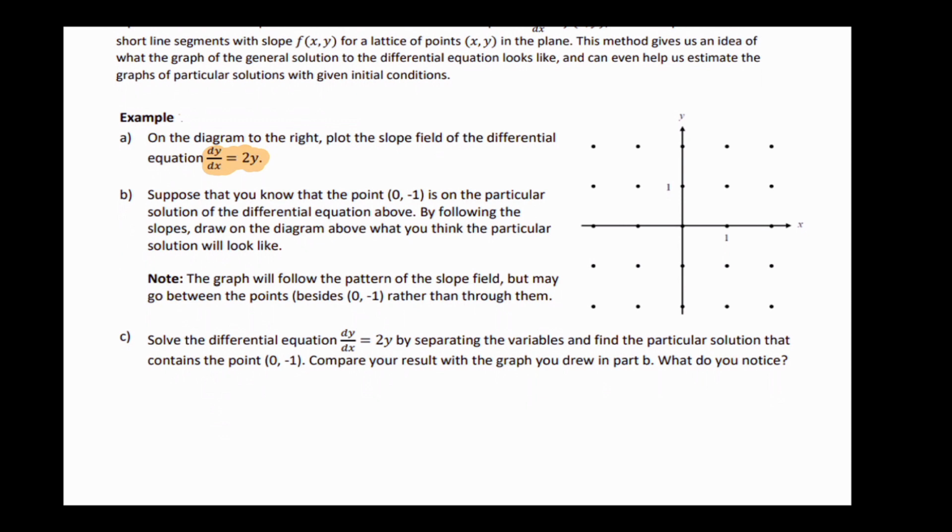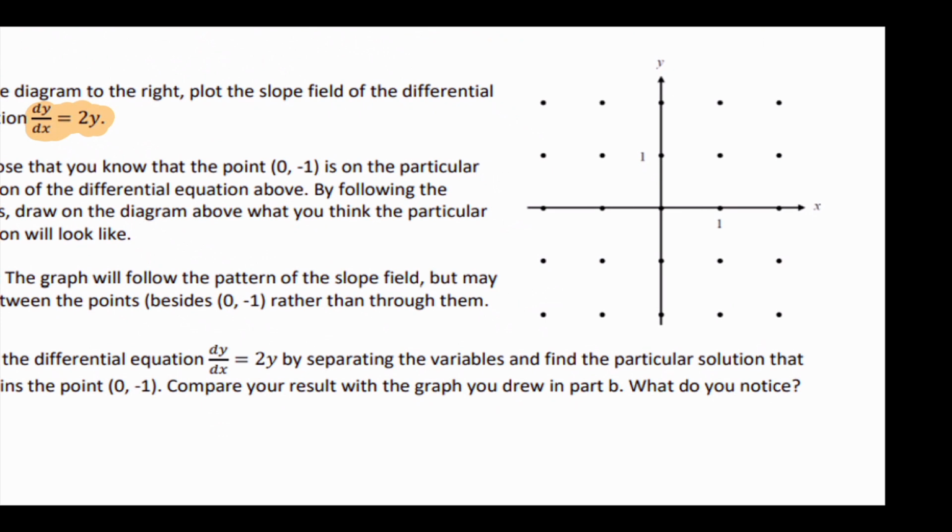Here, on a slope field, we have x and y values. Each of these dots represents an x and a y. This is the origin, (0, 0), then (1, 0), (2, 0), (1, 1), (1, 2), and so on. So we're going to plug in the x and the y to figure out what the slope is at each of those dots.